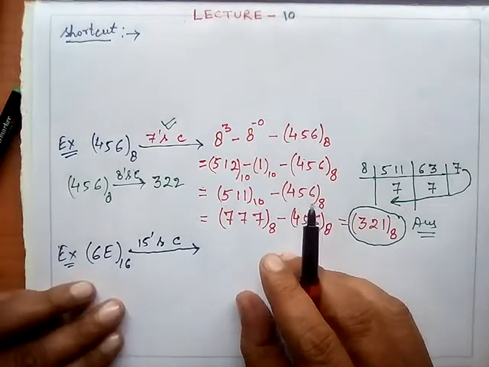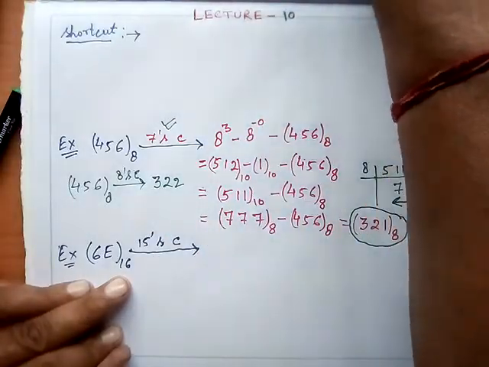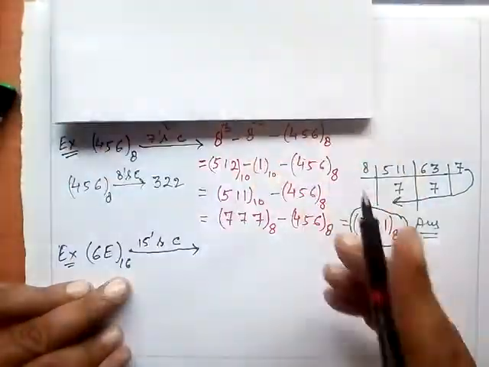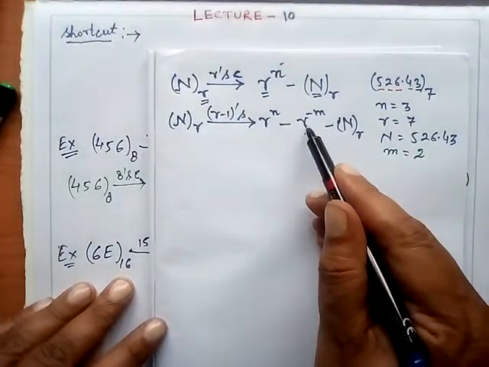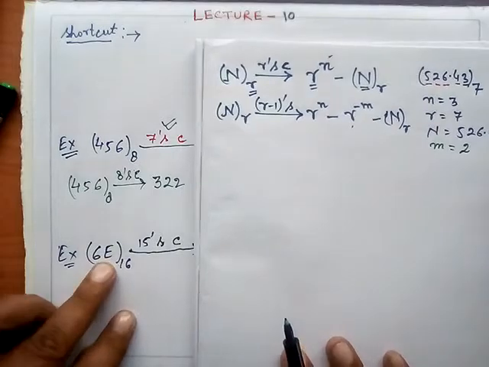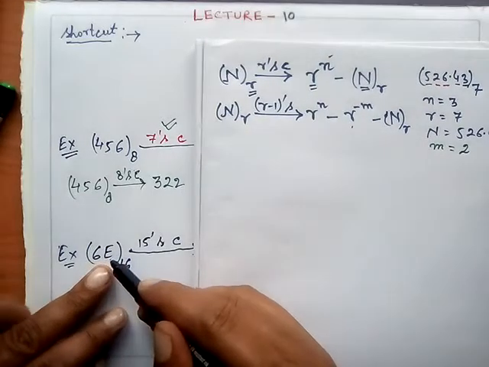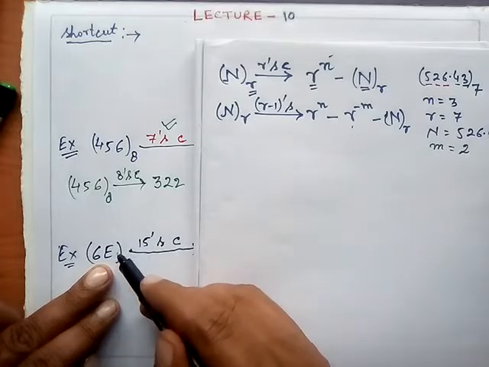Now look at this. 15's complement means it is the r minus 1's complement. When I say r minus 1's complement, it means I apply this formula: r to the power n minus r to the power minus m minus the number. So what is the value of n? It is 2, the number of digits in the integer part. Intentionally I am not taking a fractional part for simplicity, otherwise there can be a fractional part also.